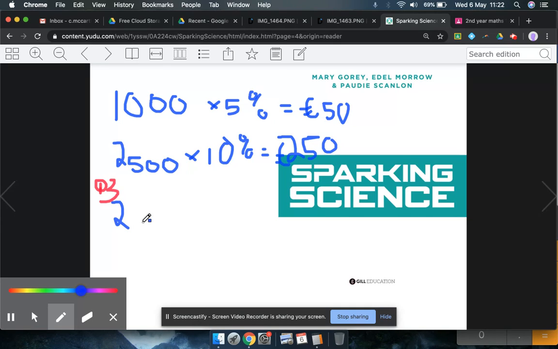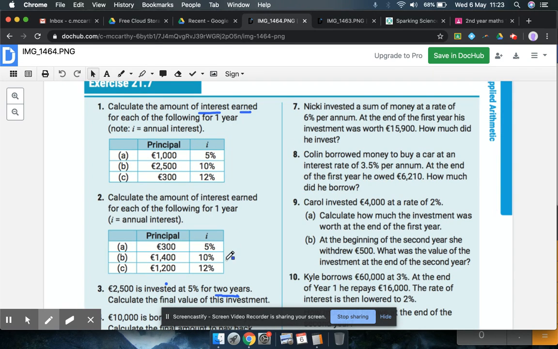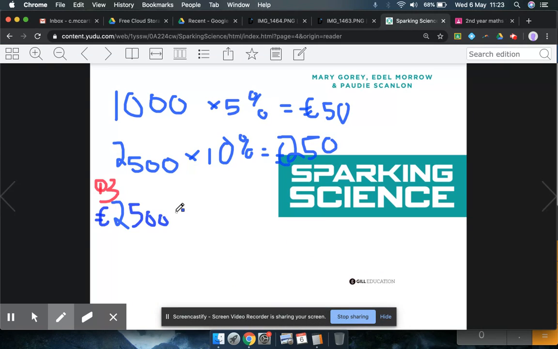Okay, so I have €2,500, and this is my money that is inside in the bank. I'm told that if I leave this money in the bank, at the end of the year I will have received 5% on the first year. So I have to multiply this by 5%, and you get a value of €125.